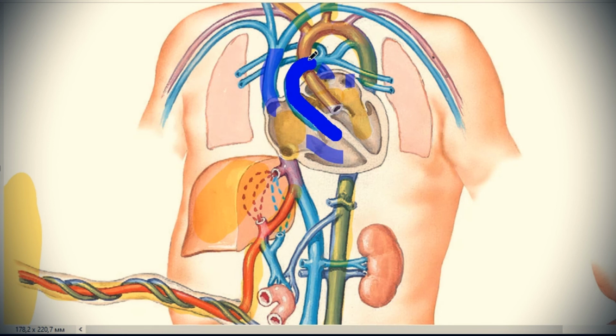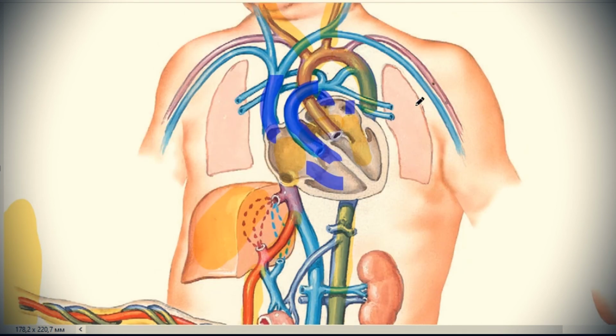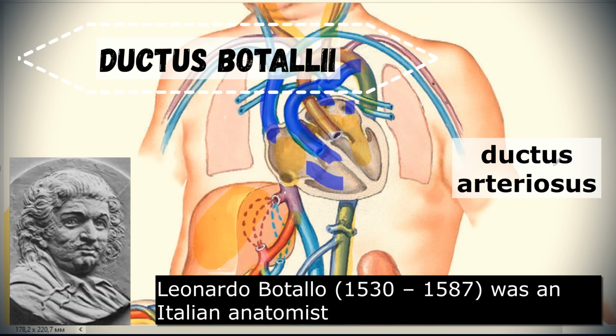But again, you remember, lungs don't breathe, and they need no blood there. That's why the blood that gets to truncus pulmonalis, to the right ventricle, will be drained into the aorta by this duct. It's called ductus arteriosus, or the duct of Botallo.